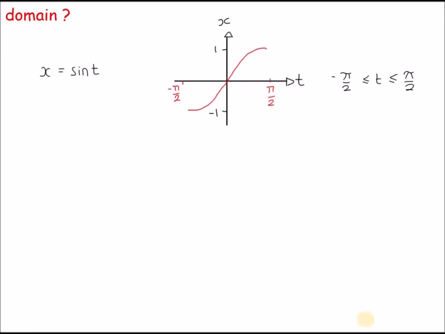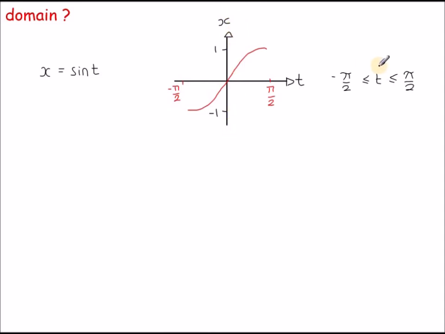We'll start with domain. So the domain comes from x is equal to sine t, from the parametric equations. So I've done a sketch of sine t. So t is an angle, it goes on the horizontal axis, and x is the sine ratio, it goes on the vertical axis. It may seem a bit unusual to have x on the vertical axis, but this is exactly the way it is.